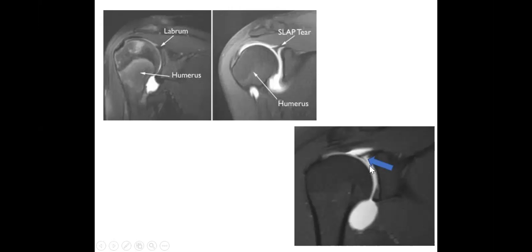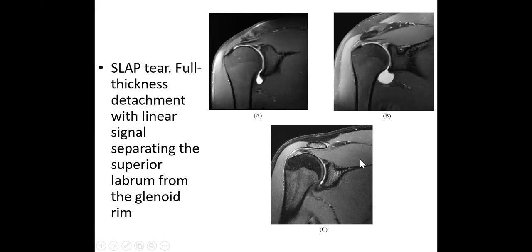There's another image showing this is the sign where it indicates that there is detachment or a lesion in the superior labrum. So these all images are regarding the full thickness detachment with the linear signals separating the superior labrum from the glenoid rim.